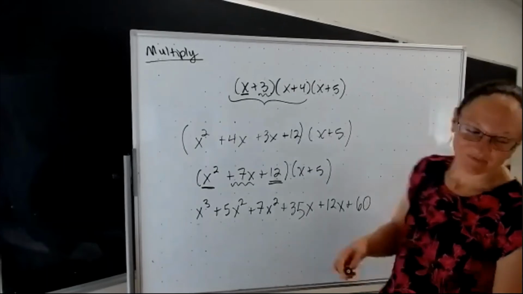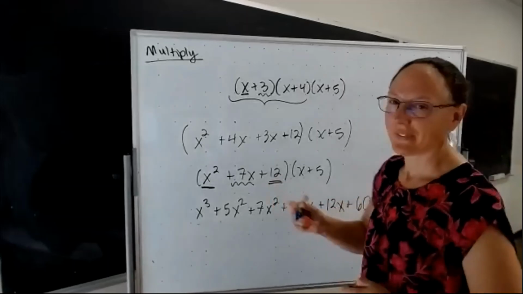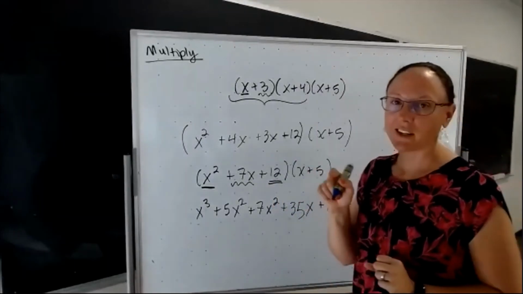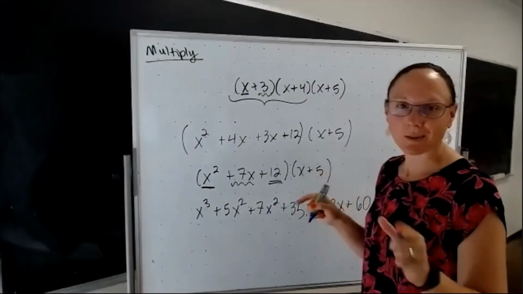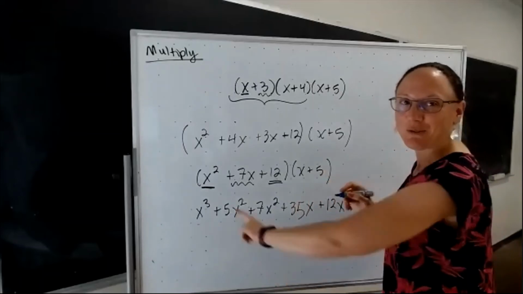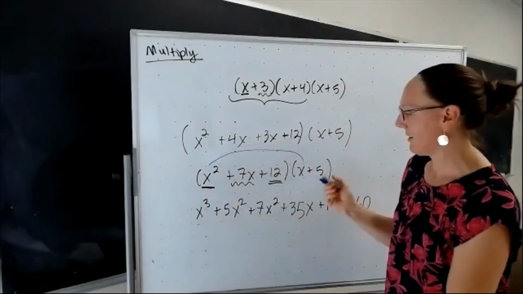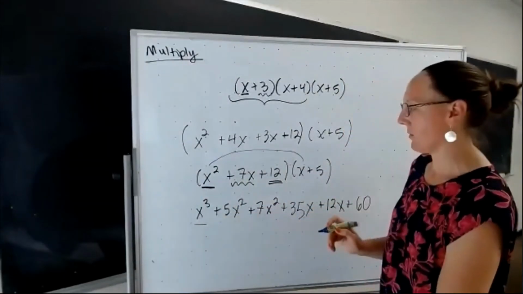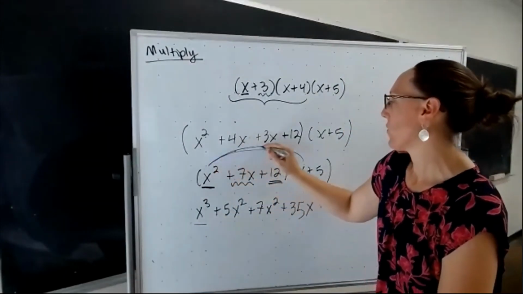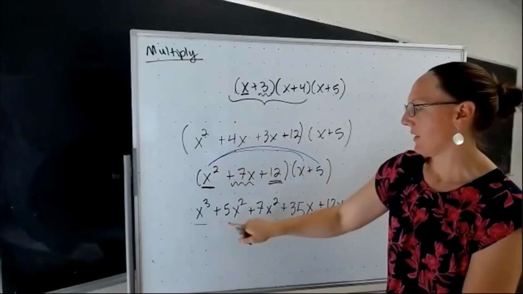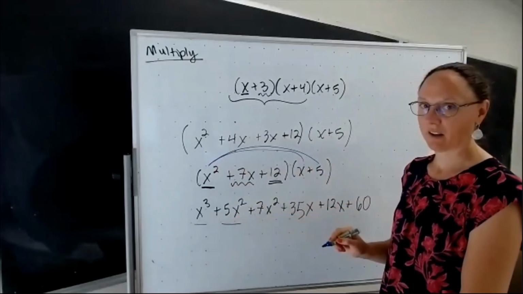I feel like when we were writing, we weren't seeing where you were pointing. I think I was trying to not draw in my little rainbows, and I'm going to go back to drawing them in. So if I'm looking at the x squared goes to x. That's my x cubed. X squared times 5, that's 5x squared.